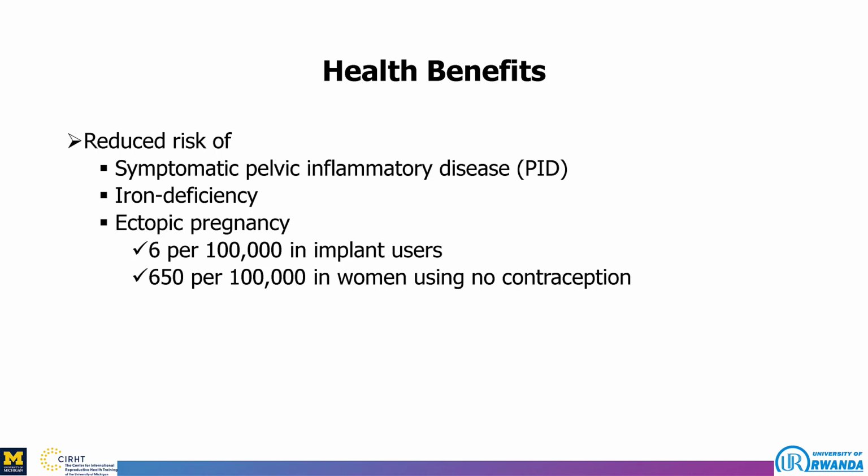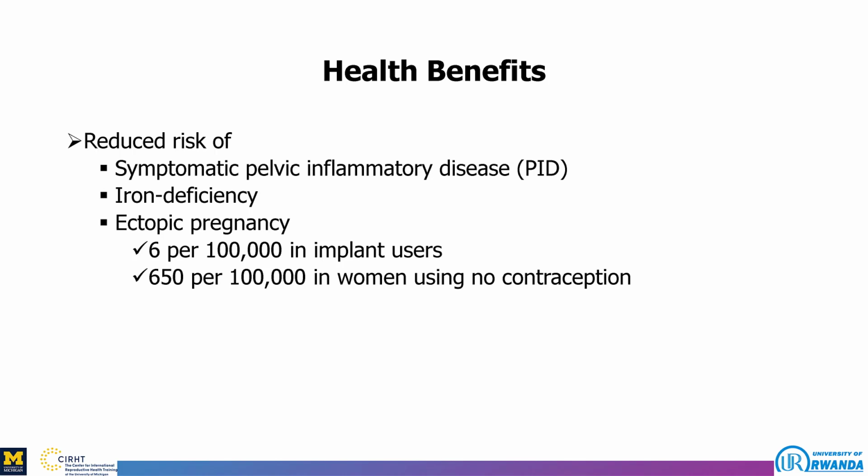What are the health benefits offered by implants? There is reduced risk of symptomatic pelvic inflammatory disease. There is decreased risk of iron deficiency. There is a decreased risk of ectopic pregnancy.